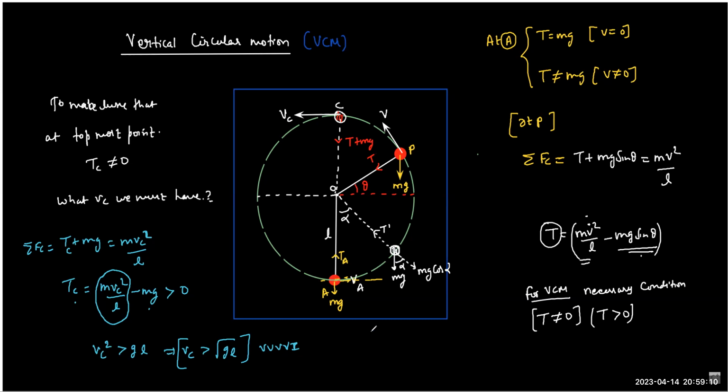Generally, when we solve questions, we always talk about the minimum value. So what is VC minimum for complete vertical circular motion? The minimum should be numerically equal to root gL, right? It is like root gL plus 0.0001, but that's as good as saying root gL.